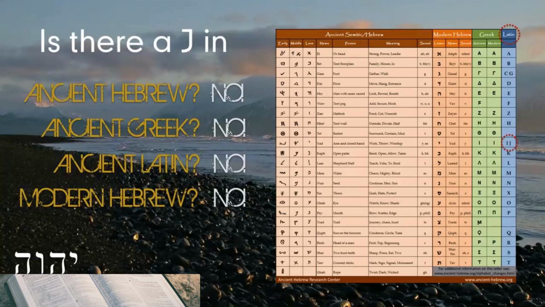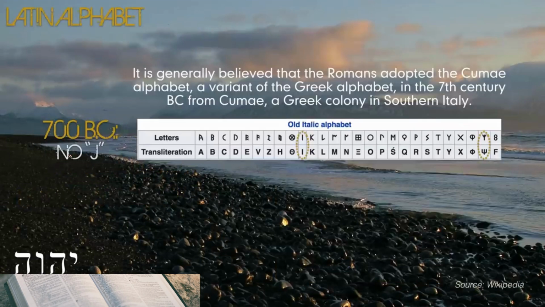Some question this chart as if it may not be complete. So let's look at history and let's prove this out. As of 700 BC, there was no J in Greek. Take a look at the chart. Do you see one? No. See, Latin is derived really from the Greek, which also had what?